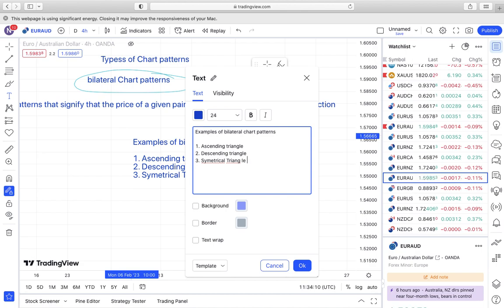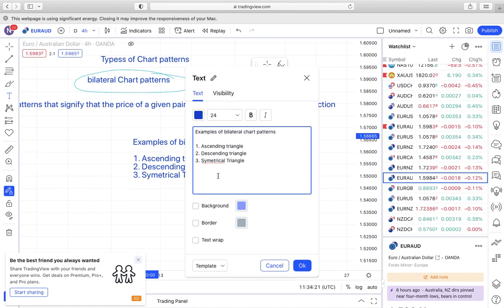We have ascending, descending, and symmetrical.